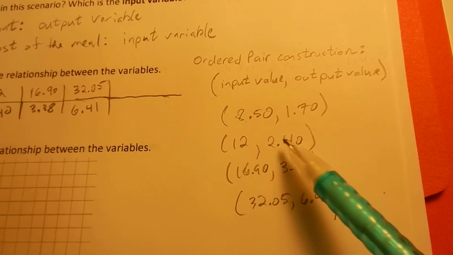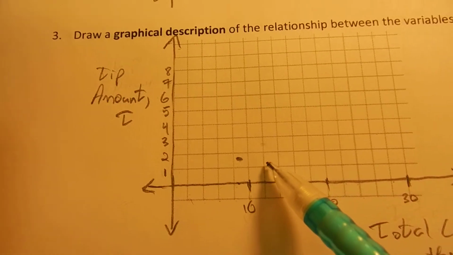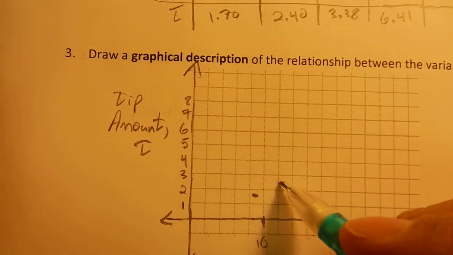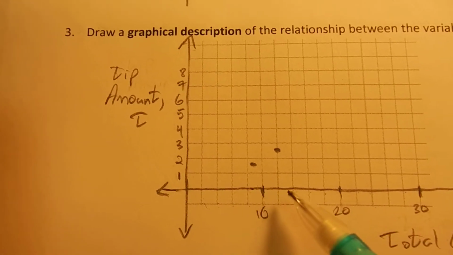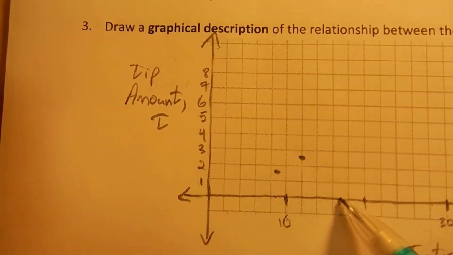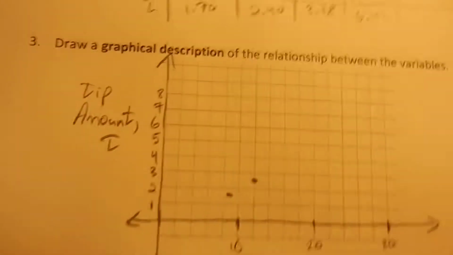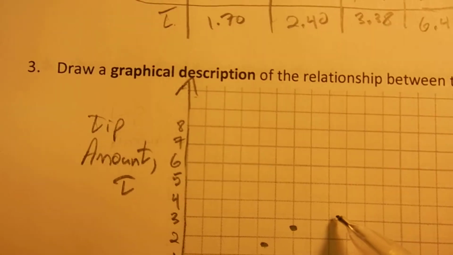But $12 and $2.40. So starting from here, we're going to go to 12 and then 2.40. So that's 12, 2.40 right there. $16.90 is associated with $3.38. So along here, 2, 4, 6, 16.90. So that's about right there. And 3.38. So there's 3.50.